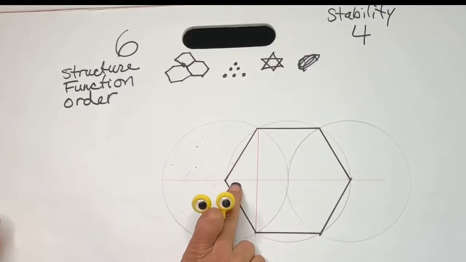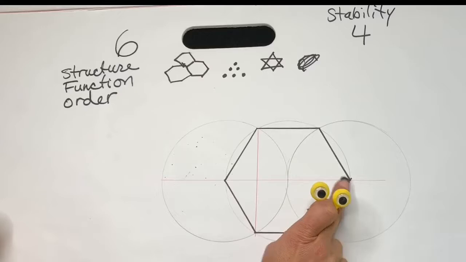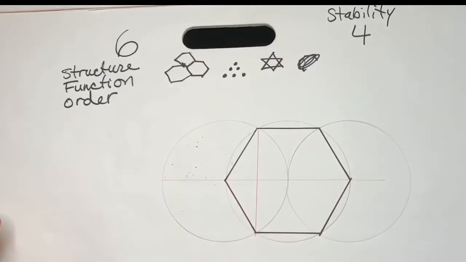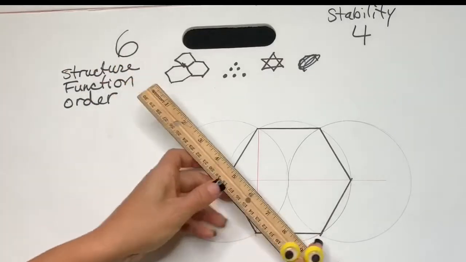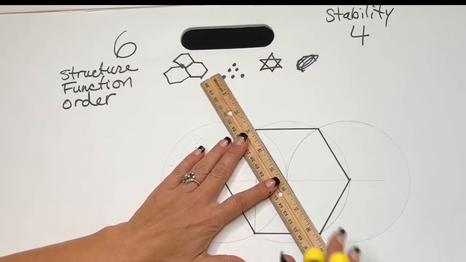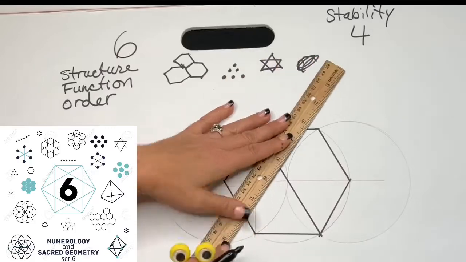Everything is symmetry. There's exactly half the distance here, half the distance here, and you can make all of the... just so much balanced geometry inside the six.